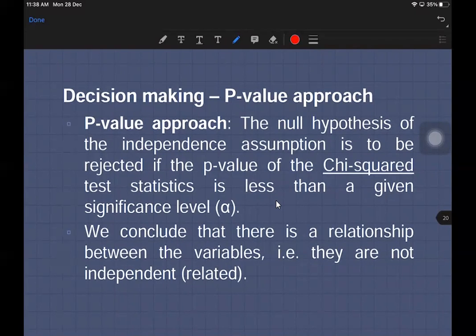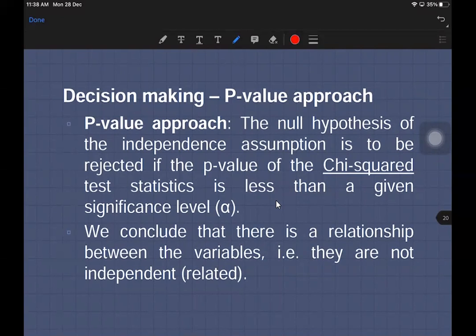So in the p-value approach, the null hypothesis of the independence assumption is rejected if the p-value of the chi-square test statistic is less than the given alpha. Okay, p-value smaller than alpha, reject the null hypothesis.